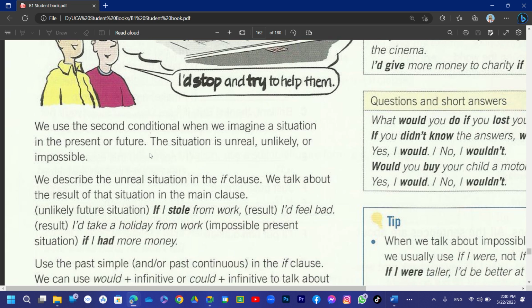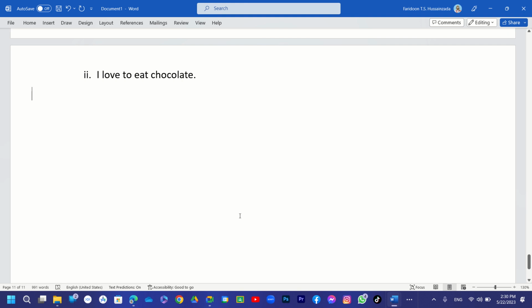Okay, so let's see how we can form it, and hopefully it will be very, very easy for you. Let's write second conditional. Let's just write the uses.